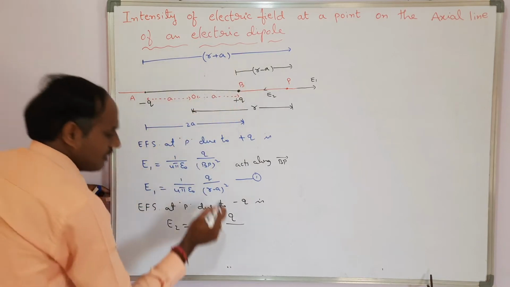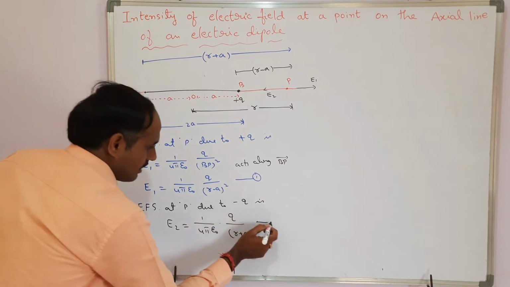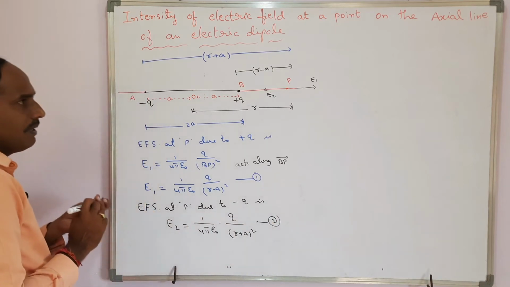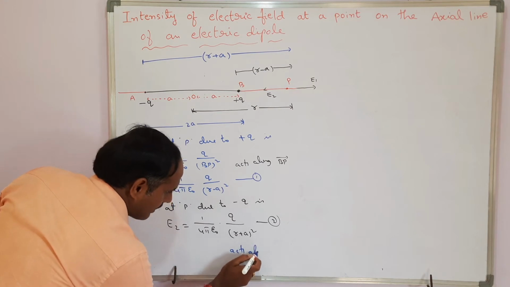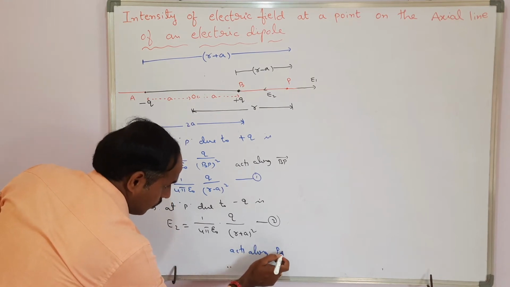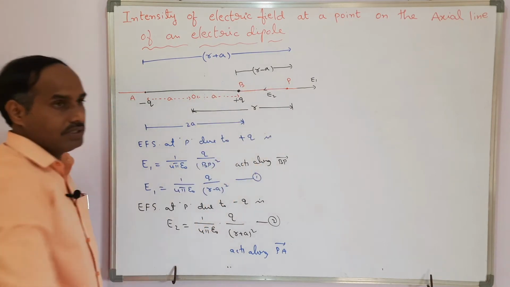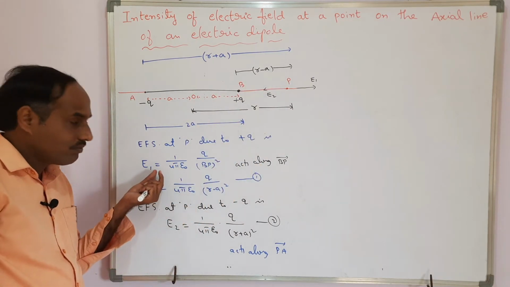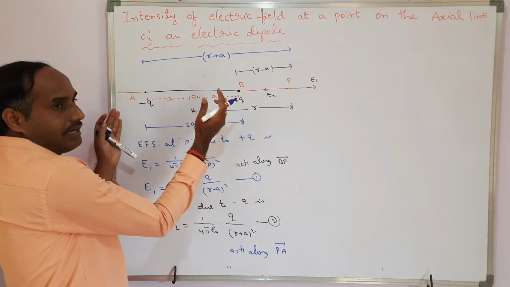From the figure, AP is (r plus a) whole square, and let this be equation 2. This electric field acts along P to A, meaning towards the left, and here it is towards the right.